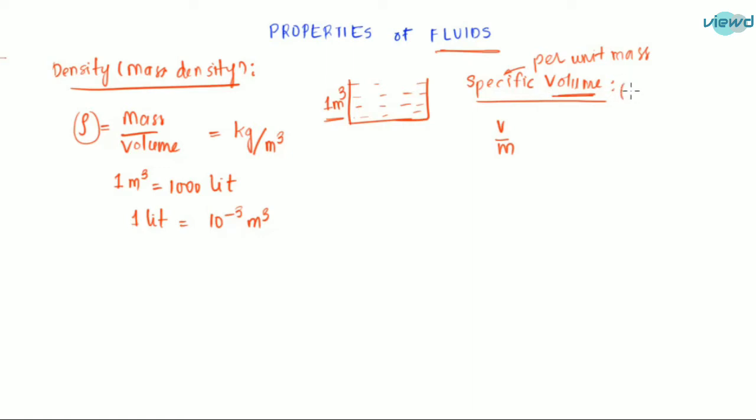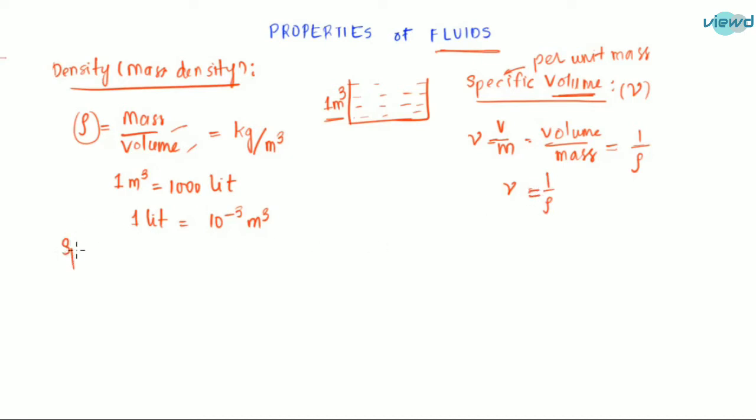The specific terms are represented with small letters. This is v. v is equal to volume by mass. So here it is mass by volume, here it is volume by mass. So it can be written as 1 by density. Specific volume is equal to 1 by density.